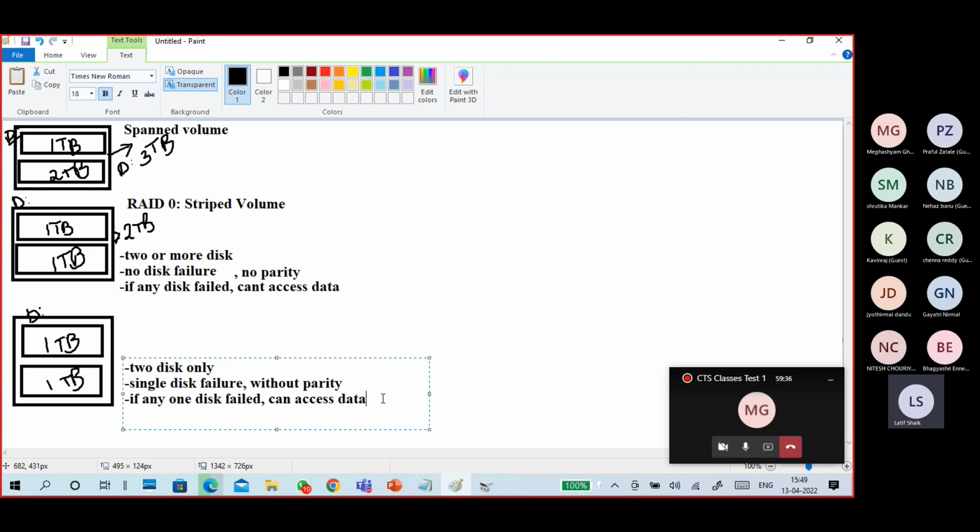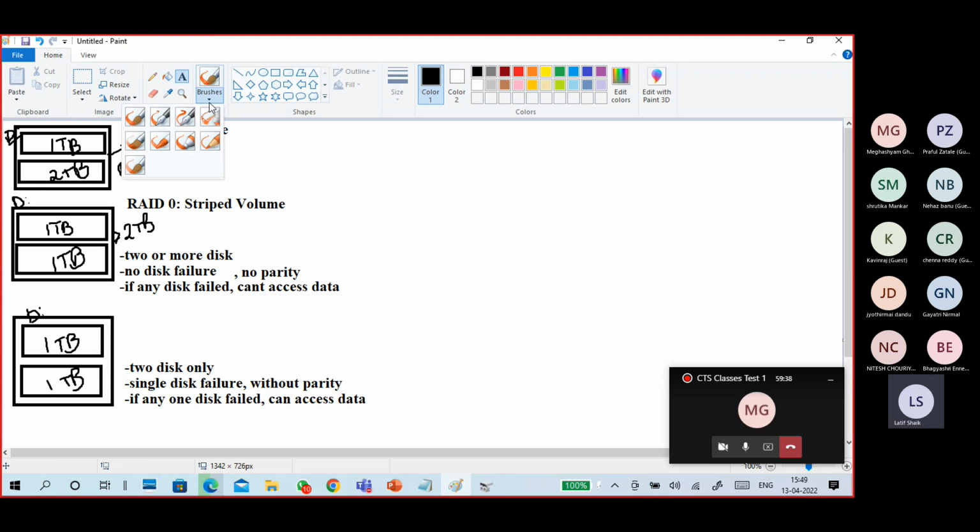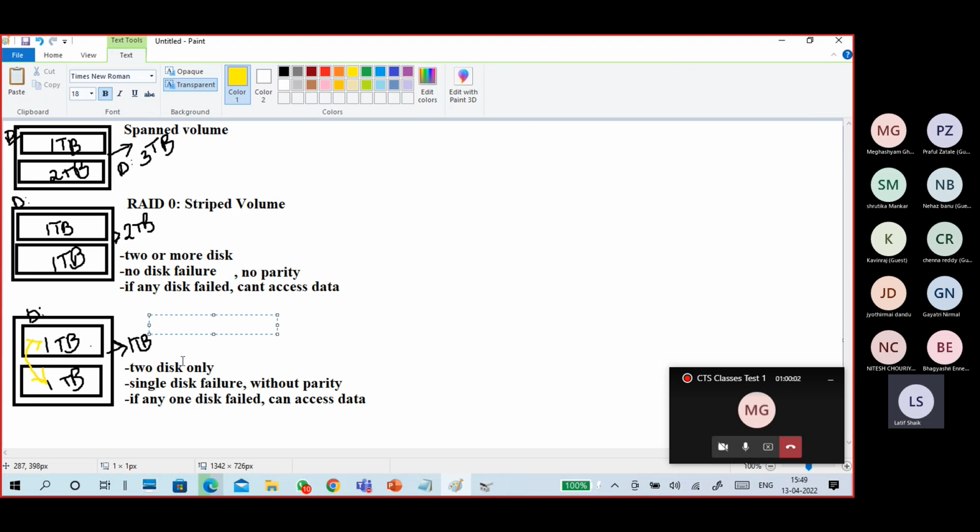of parity. Okay. Of the total size of the disks, you will get 1 terabyte only, because the same data in the first disk is stored in the second disk. So obviously total disk size is 1 terabyte, means only a single disk volume you are getting.